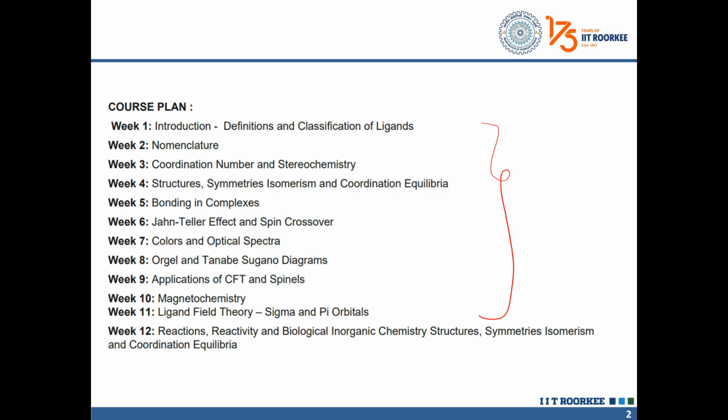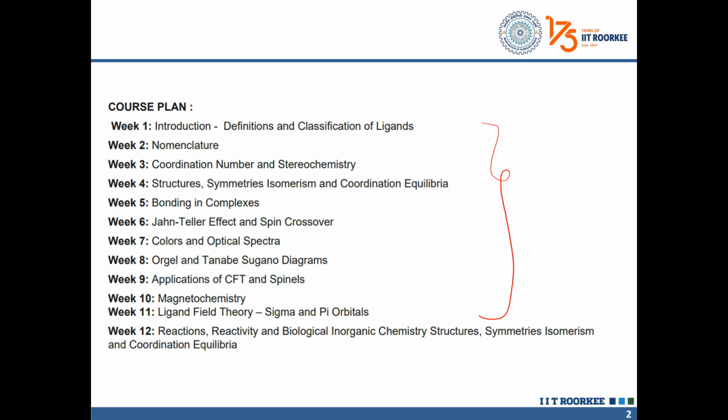So what is the basic summary for this course? First, we have to read the introduction, their structures, their magnetic properties, and their colors, and finally the transitions responsible for these colors.